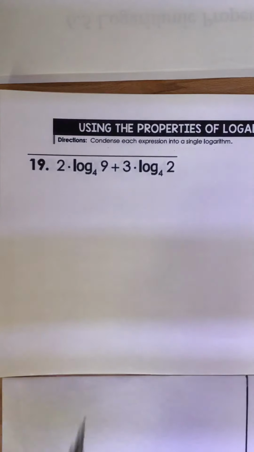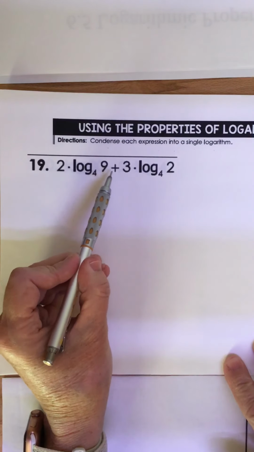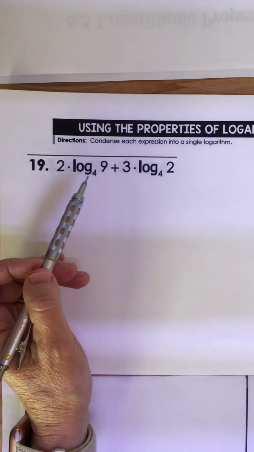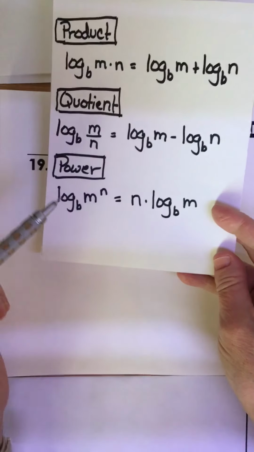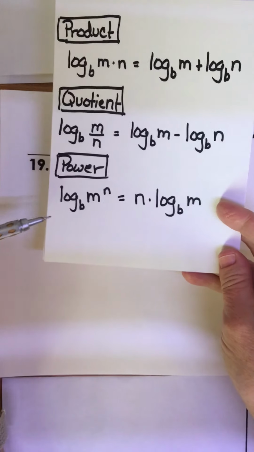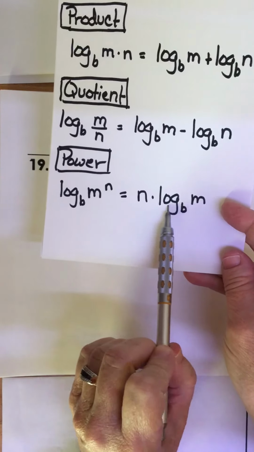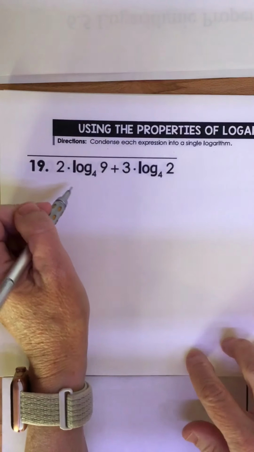So if I've got 2 times log base 4 of 9 plus 3 times log base 4 of 2, we're wanting to condense, and typically when we condense, we may end up having to use the power property right here. So if we're going from here to here, let's go ahead and do that.